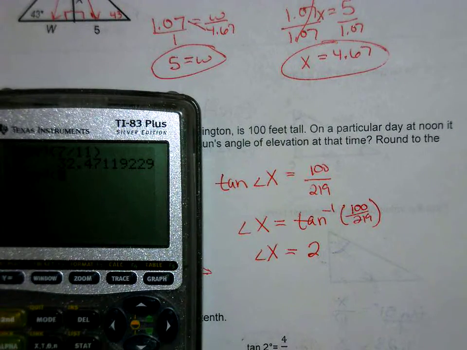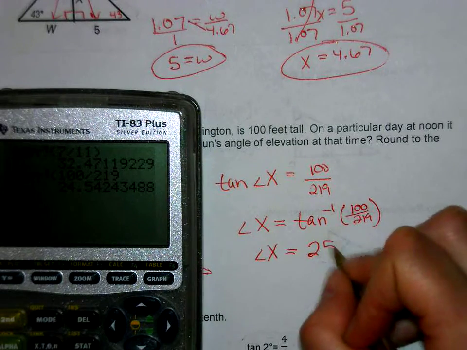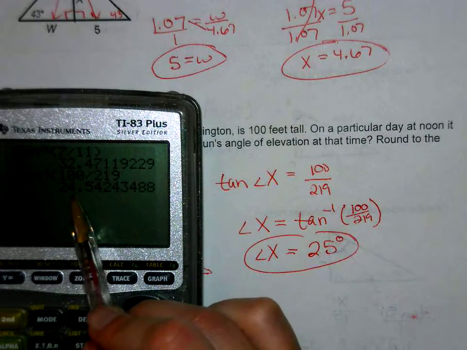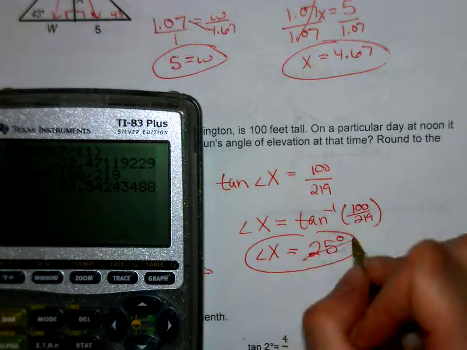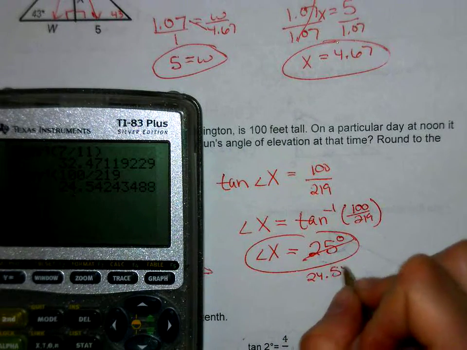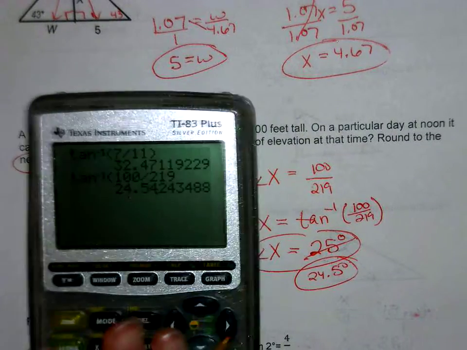So the inverse tan of 100 over 219 is going to be rounded to 25 degrees. Nearest degree, oh, nearest tenth, I'm sorry. So 24.5 degrees. The 4 tells the 5 to stay the same.